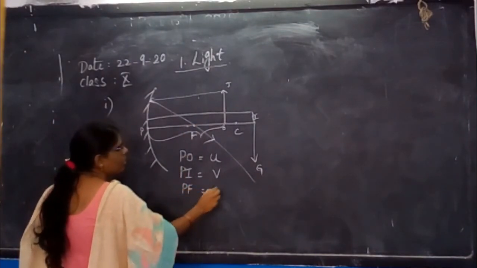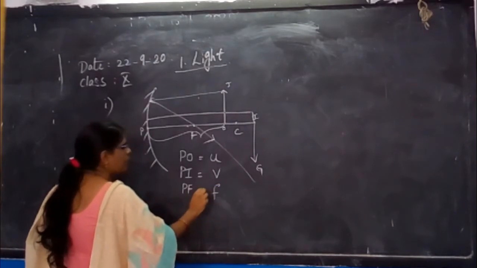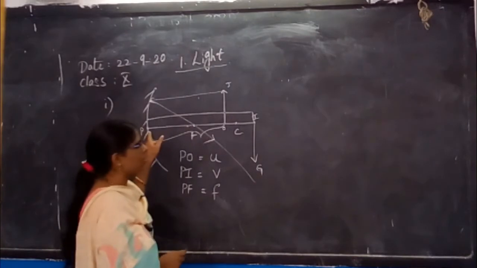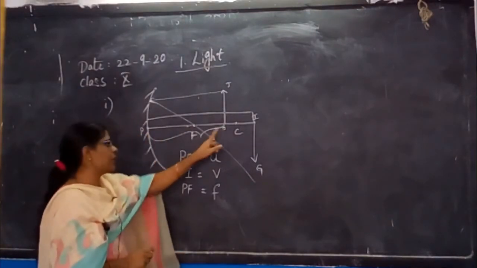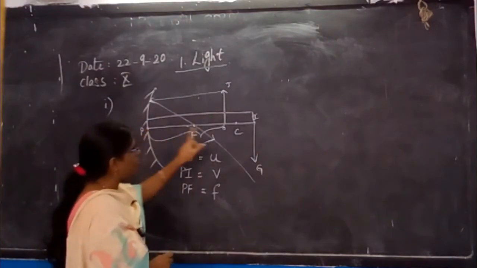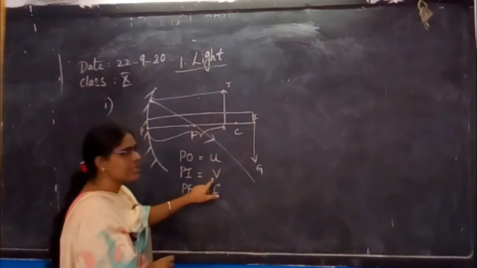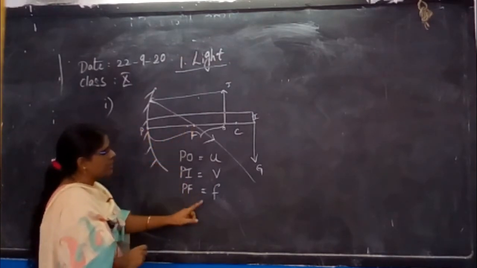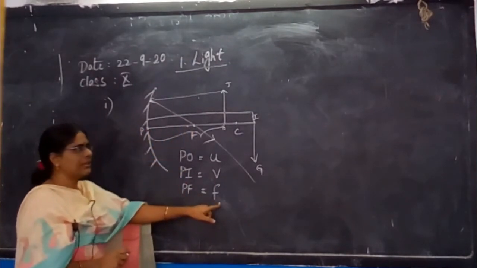Focal length F. I have told you all these things in the last class. Distance between pole to the object is object distance. Distance between pole to the image is image distance V. Pole to the focus is called focal length.